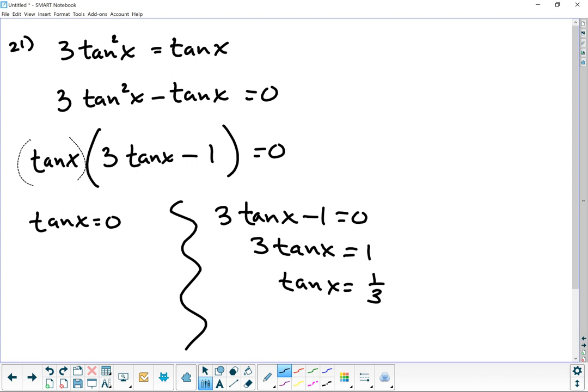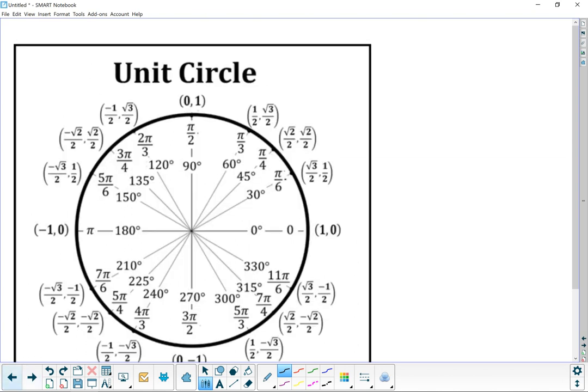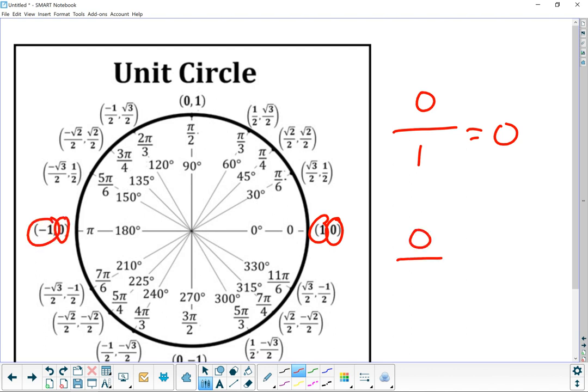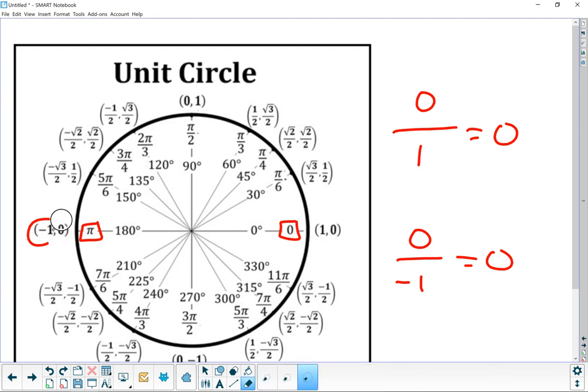So when is the tangent going to equal 0? Remember, tangent is sine divided by cosine, or the y divided by the x. The only place where that happens is y of 0 divided by x of 1, which makes 0, and also 0 divided by the x of negative 1, which is 0 also. So your two answers are 0 and pi. And they're across from each other, so you can use a special general solution.